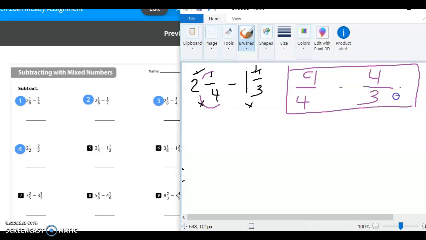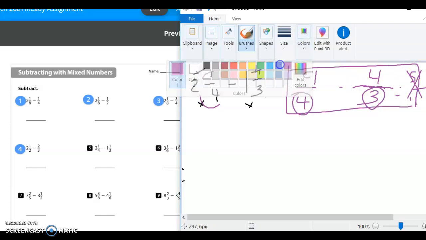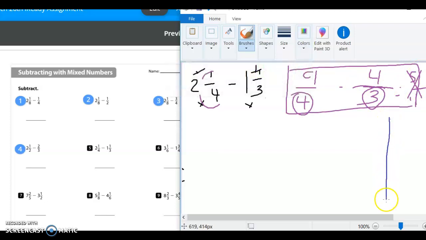Well, can I solve this yet? Is my answer going to be 5/1? No, it is not, because I need to have common denominators. So let's find our common denominators.